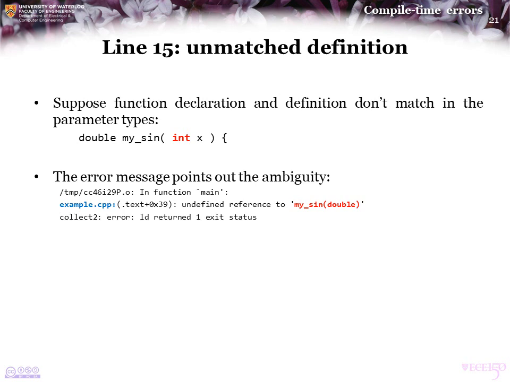The compiler, however, has not found any function definition where my sign has a double as an argument. There may be one here that has an int as a parameter, but not one that takes a double. So it's pointing out, look, I don't know where this function, my sign with a double, is defined.